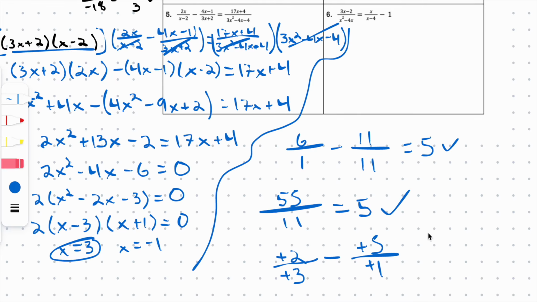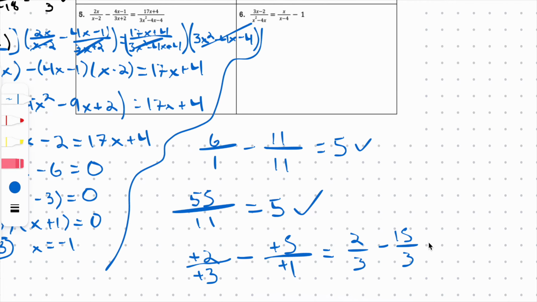Those cancel out. 2/3 minus 5. I'm just going to rewrite that as 2/3, and then have like denominators of 3, so I'm going to multiply this by 3 over 3, which is just 15 over 3, and that gives us -13 over 3. So this is what our right side should be equal to.